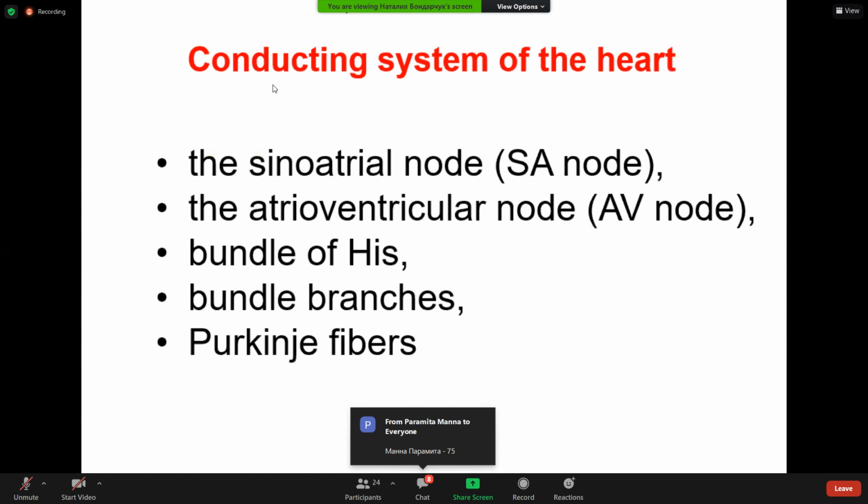The conducting system of the heart consists of the sinoatrial node, or pacemaker, with the abbreviation in the brackets you can see. Then the atrioventricular node, AV node, bundle of His, bundle branches, Purkinje fibers.